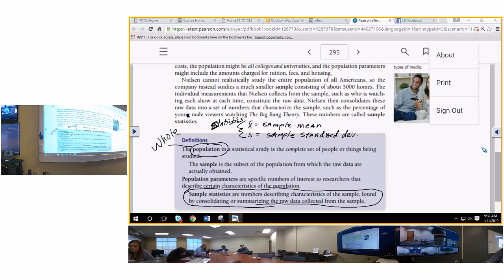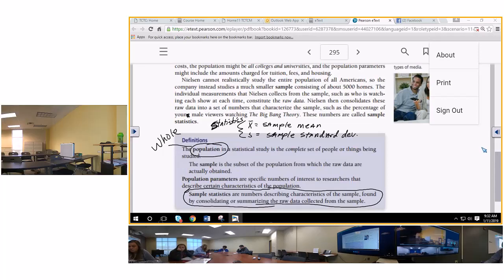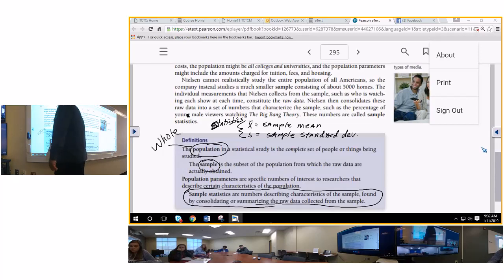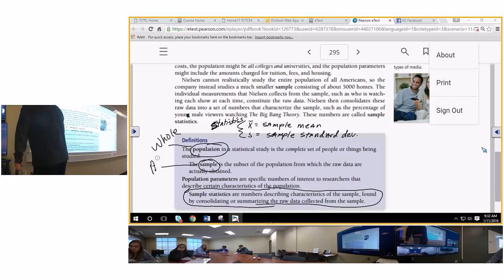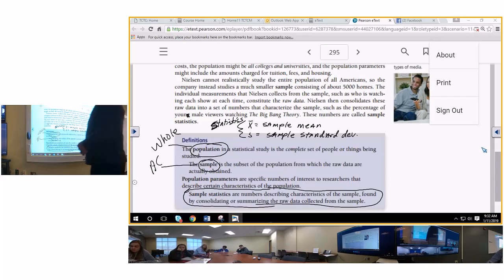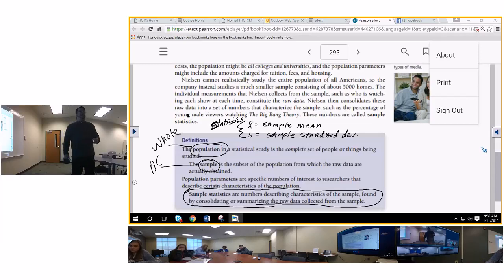That's Tri-County Tech. But the sample would be sampling the people at Anderson campus, or just doing a survey at Easley campus, or just at Oconee campus. That would be the sample.